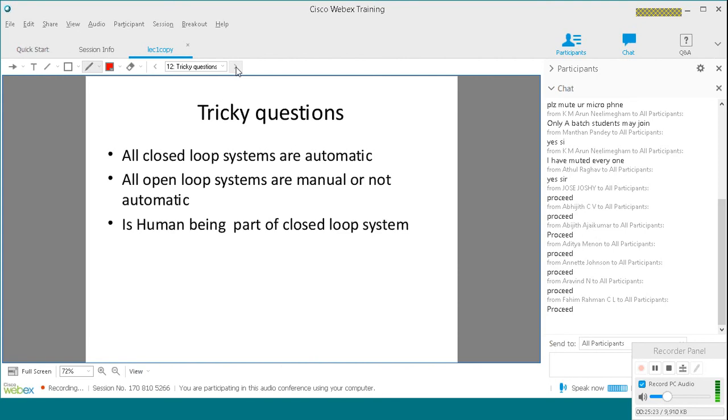So once again, it depends upon the perspective of the questioner and what is intended to ask. But in general, open loop systems are manual, and they may not be manual, but they will not be able to reject the output disturbances effectively.